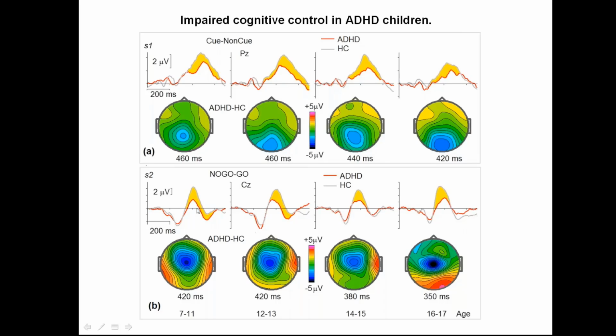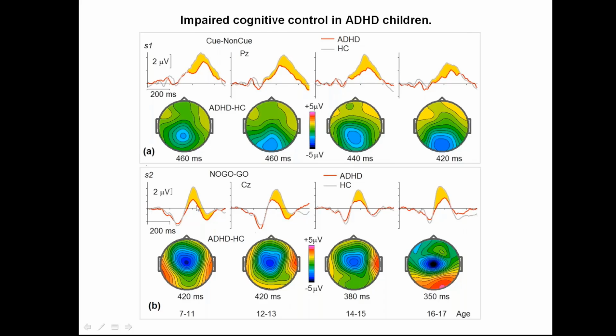Okay, so if you apply the advanced method, you separate the ERP component into the latent components, which I'm showing here, and these are latent components of cognitive control in adult ADHD. So these are adult subjects with attention deficit disorder in comparison to healthy control.